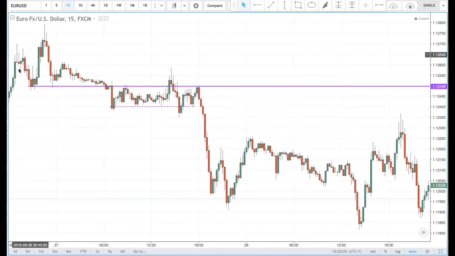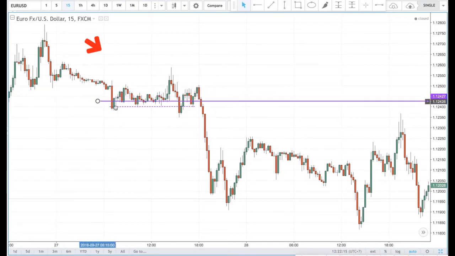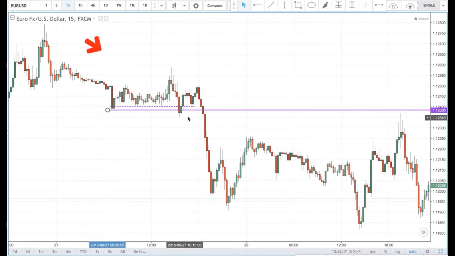If I keep a bird's eye view perspective, I see a trend. We can see the breach has happened going down and it's broken below this line here.